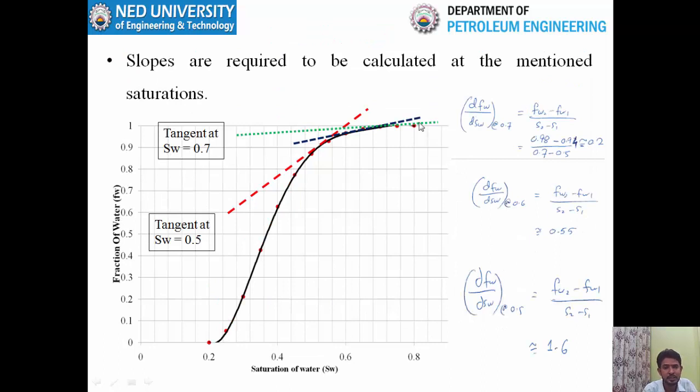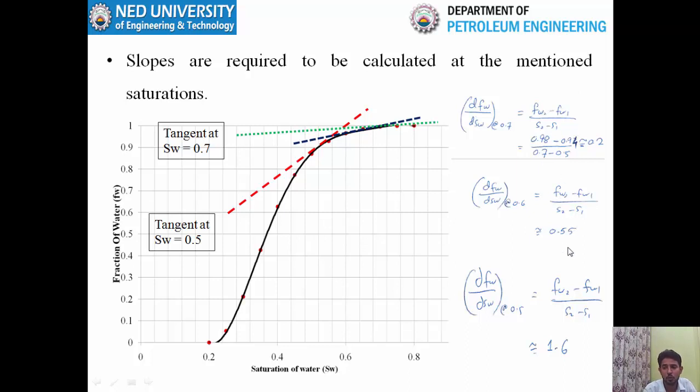So you will calculate the slope at 0.5, 0.6 and 0.7 saturation. You will draw a tangent, and from the tangent you will calculate the slopes, which are shown over here.